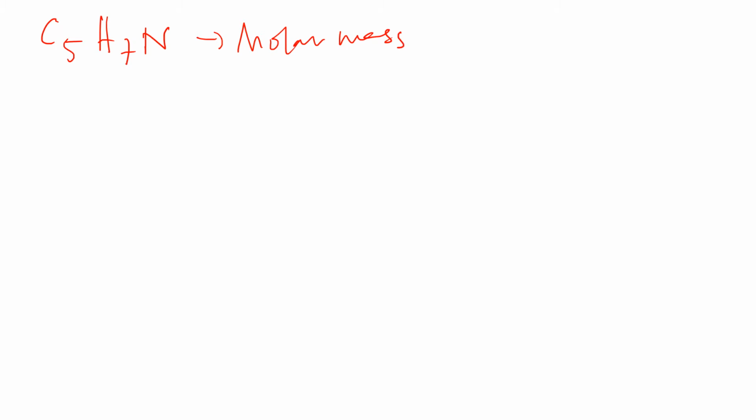The molar mass for C5H7N is 5 times 12 plus 7 times 1 plus nitrogen 14, so you get 81.